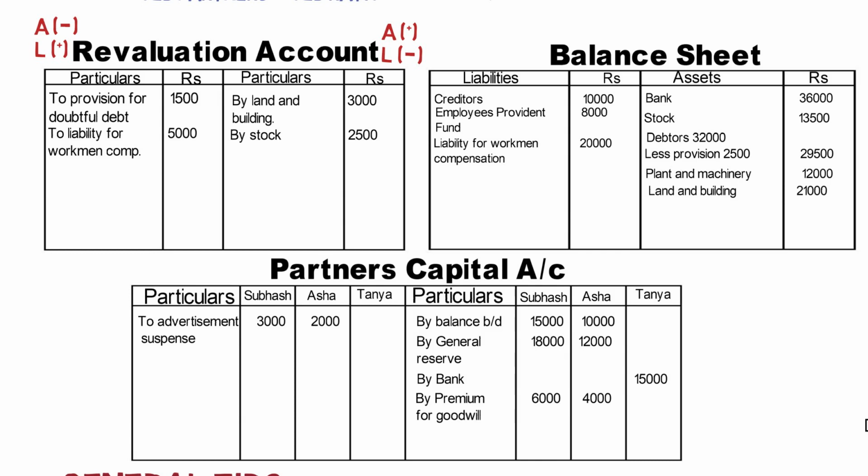Now, after we have completed all the adjustments, you are supposed to start with getting the balance in the revaluation account. The loss on revaluation account will be transferred to the capital accounts.